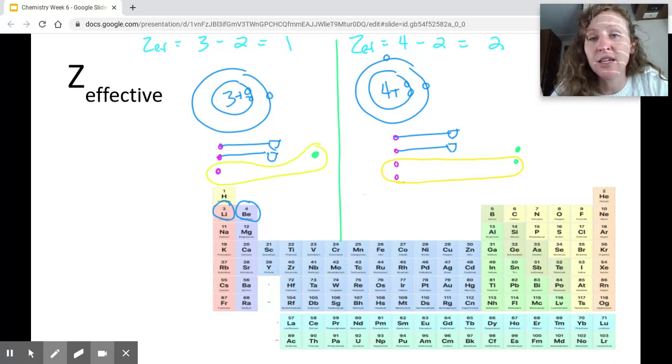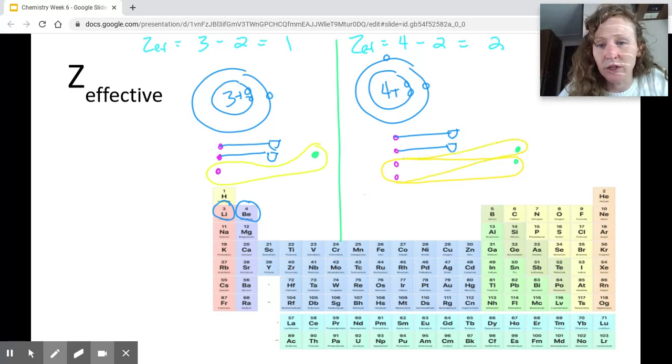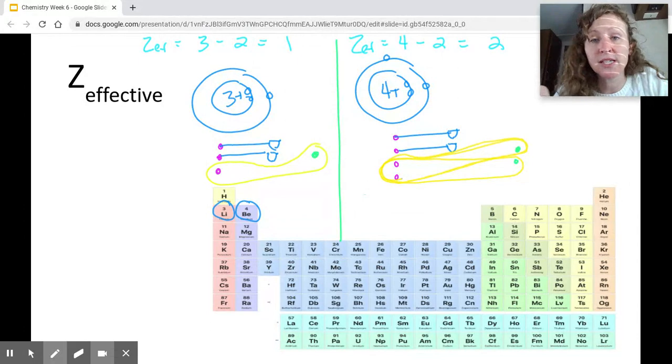We saw in the Coulomb attraction models that each of those valence electrons feels the same nuclear charge. They don't really block nuclear charge from each other. So each of beryllium's valence electrons will feel a nuclear charge of 2 effectively.